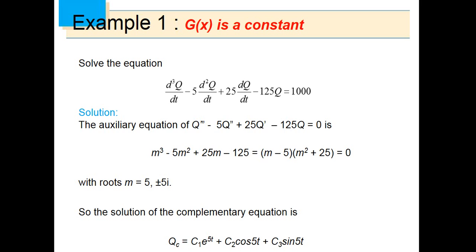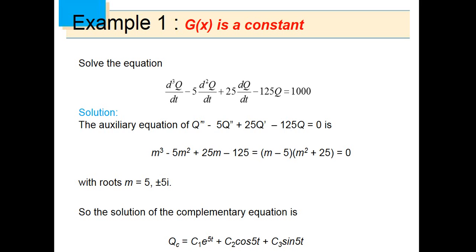Now, let's start with something very simple, and that is when the right side of your non-homogeneous DE is a constant. In this case, it's 1000. If you simplify the form of the derivatives of your unknown function and the unknown function itself, it would be this, and I'd like to set it to 0.